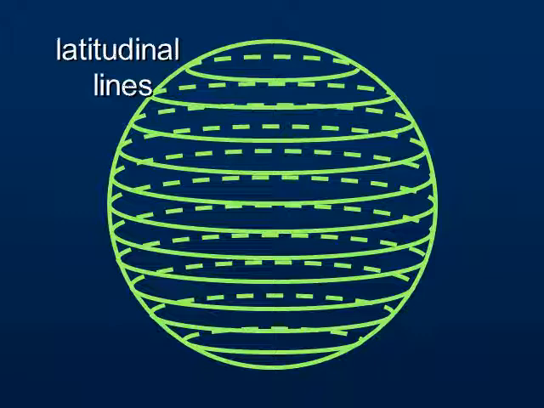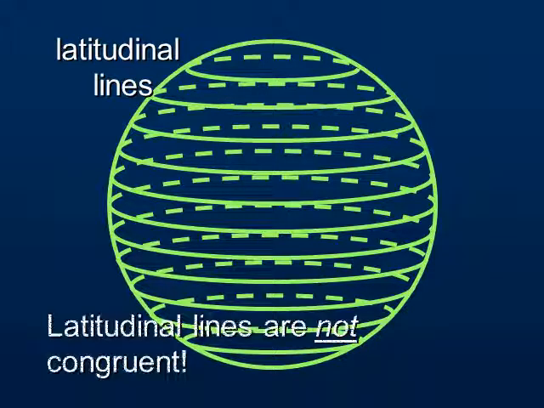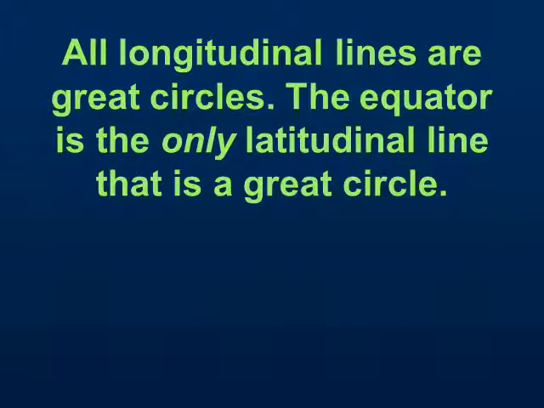As you notice, each one of these circles has a different diameter, a different radius, so the only great circle latitudinal wise is the equator. That word is really hard for me to say. So all longitudinal lines are great circles. The equator is the only latitudinal line that is a great circle. So that's just a little summary of what we were displaying there.